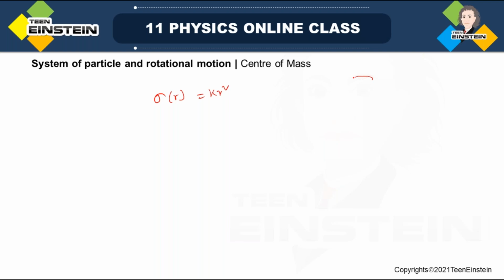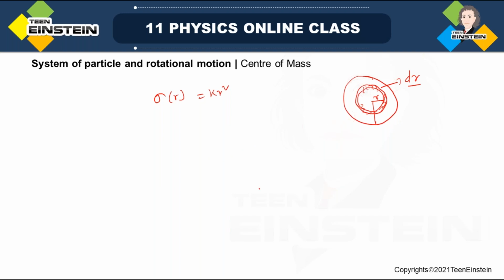For a disk, I just consider an element like this. Suppose this elemental disk has radius small r, having thickness dr.